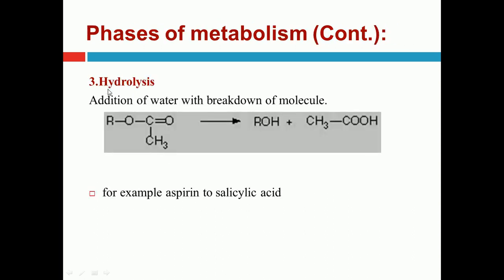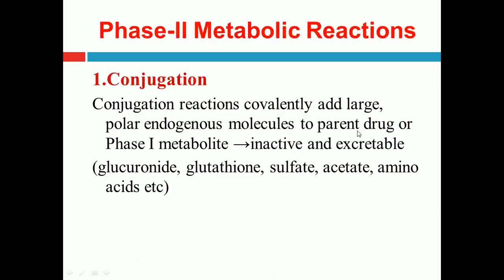So this is the parent drug. If this drug doesn't undergo phase 1 reaction, this can directly go into phase 2 reaction. But if this drug has undergone the phase 1 reaction, and this is the phase 1 metabolite, this can undergo phase 2 as well. So what are those large polar endogenous molecules?